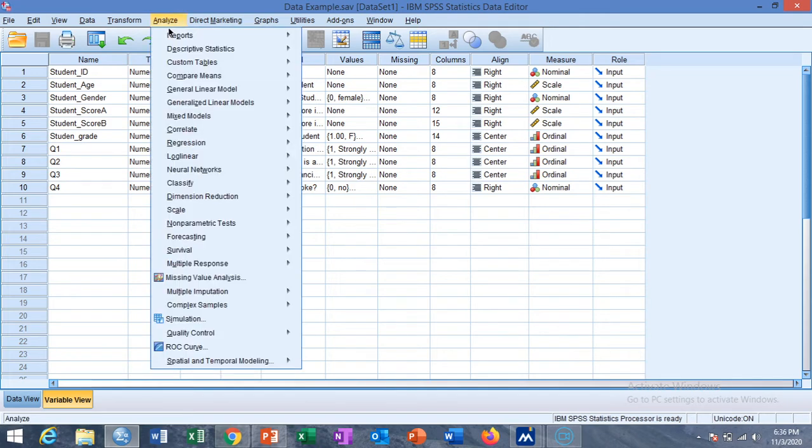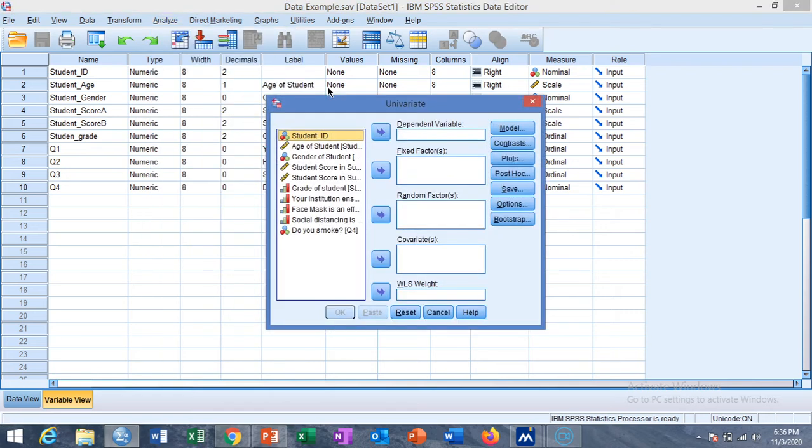So we start with the option of analysis and then general linear model, and then click on univariate. We have a dependent variable which is student score in subject A, and the two fixed factors, gender of students and the smoking category.